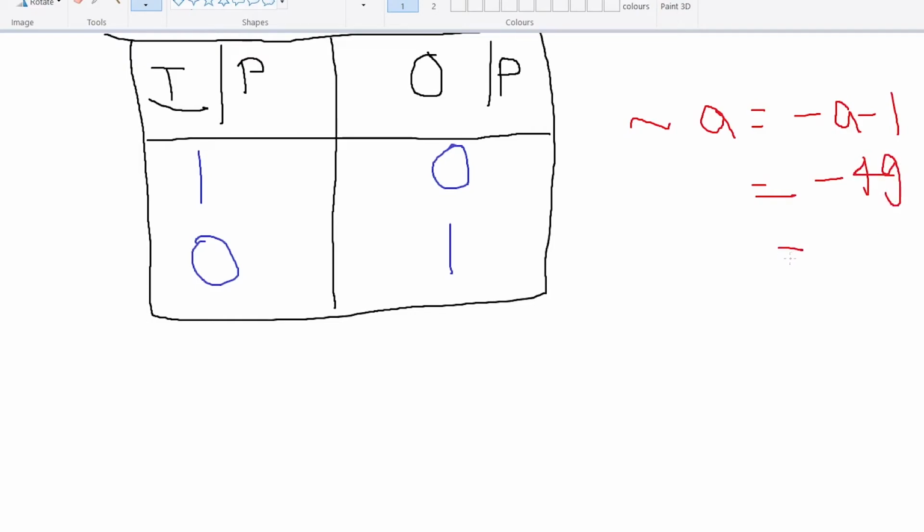By doing this, we get our output as minus 50. So by using the NOT operator or the negation symbol, we can find that negation of a, which is our input, is equal to minus a minus 1, which is minus 49 minus 1, which is minus 50. This is how we retrieve the output for the NOT operator.